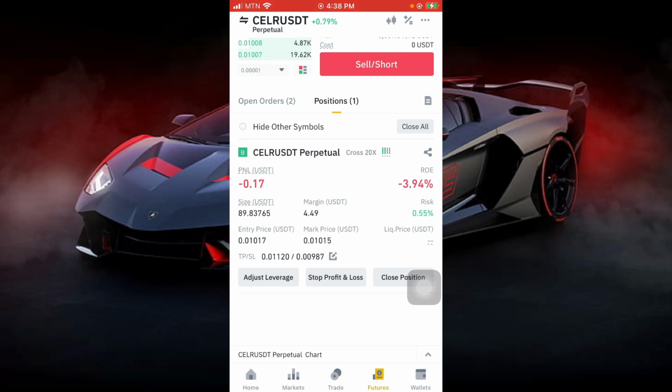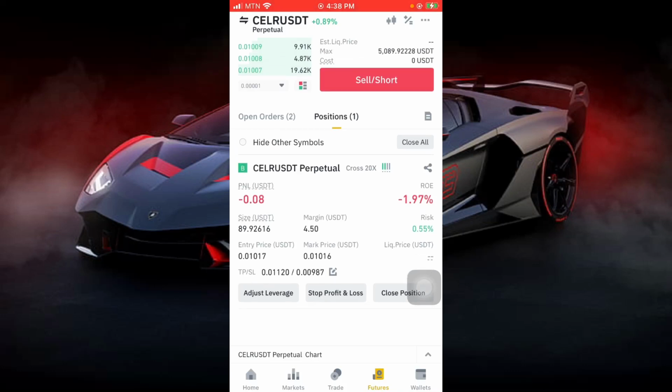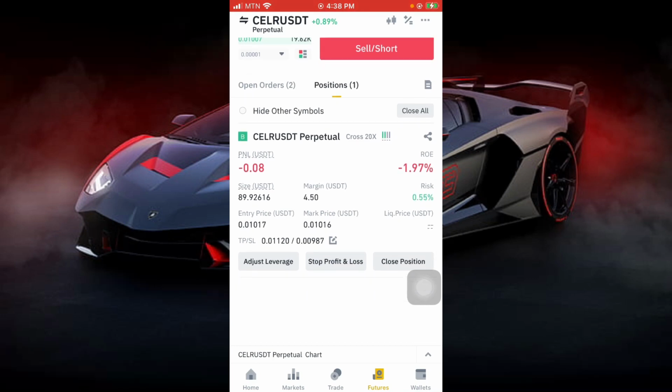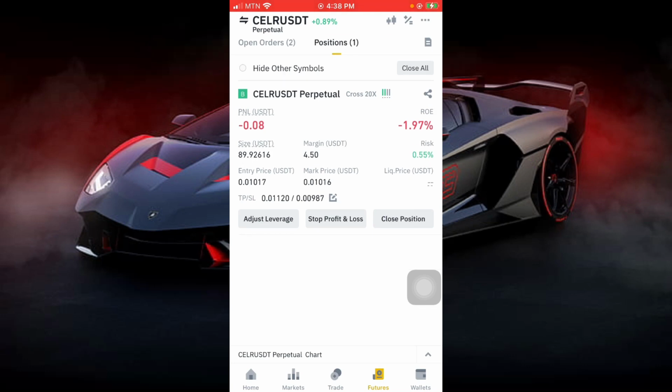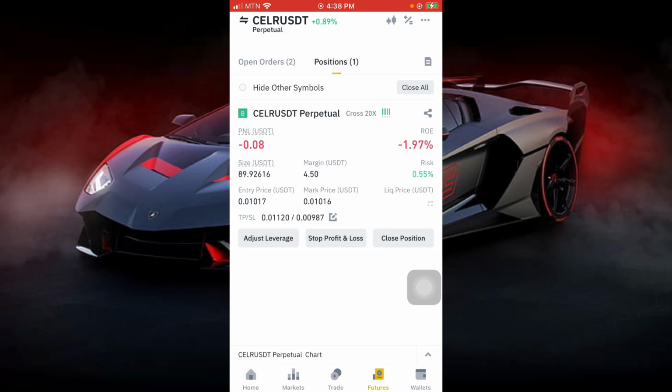Remember I told you if your balance is less than $50, leave it at $4 to $10. Don't go beyond $10 as your margin. That's how much you are trying to buy. Then below the margin we have entry price, market price. We have TP and SL. I'm talking about my open order. TP is 0.01120.